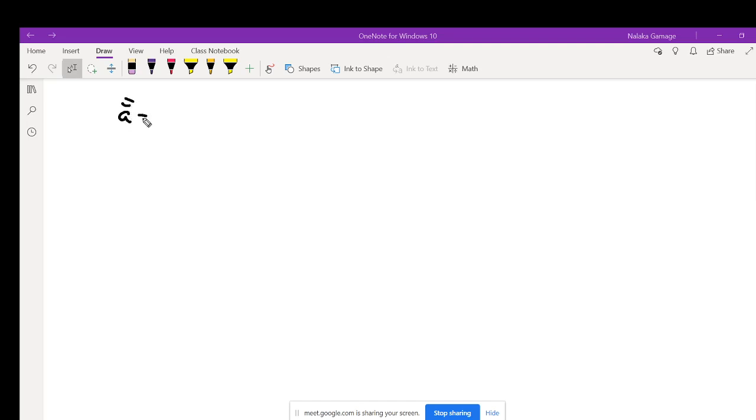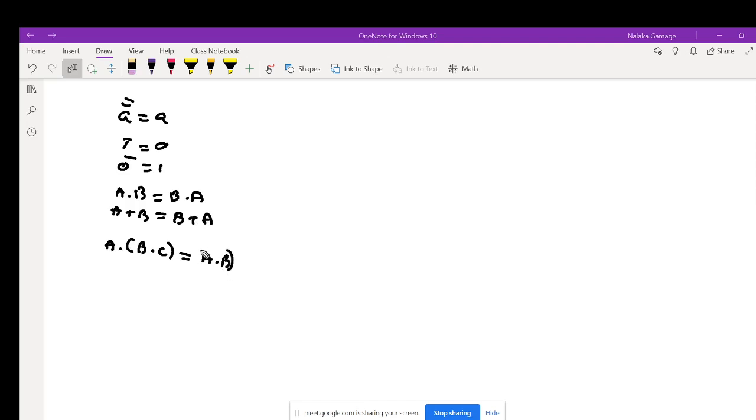A bar bar is A, 1 bar is 0, 0 bar is 1, and also A dot B is the same as B dot A, and the dual, A plus B is the same as B plus A. A dot B dot C is the same as A dot B dot C, then the dual, A plus B plus C is the same; it doesn't matter which one you OR first.